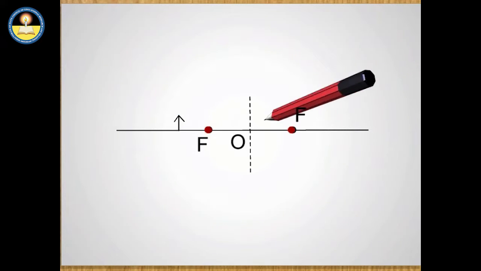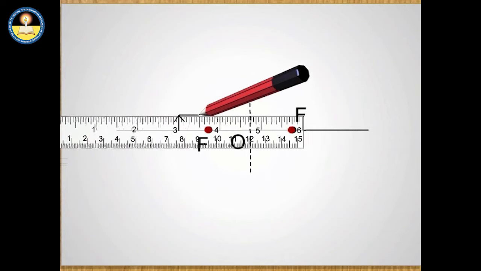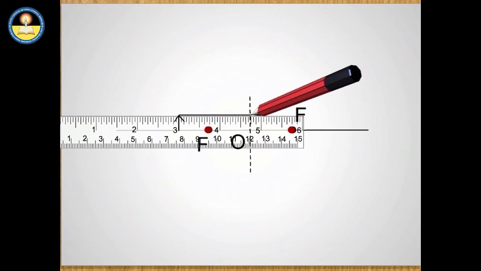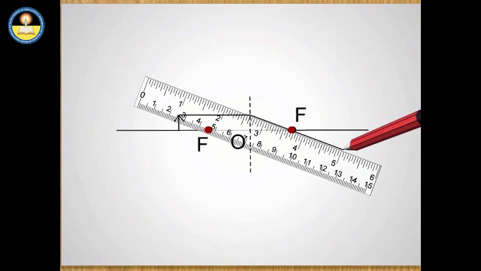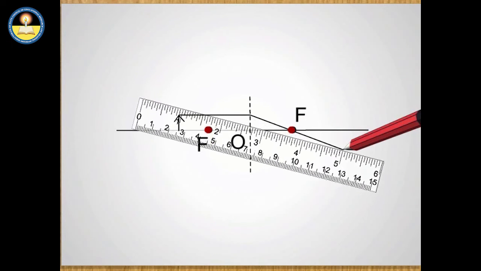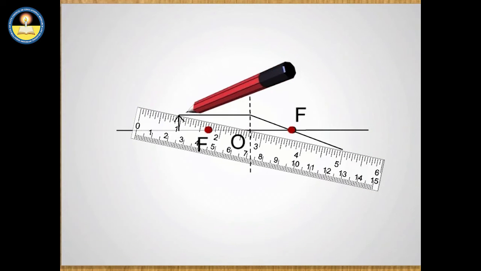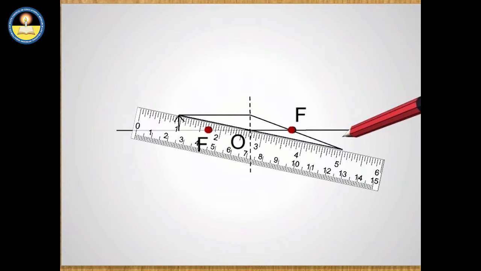To draw an incident ray, one can draw a line from the top of the object, and by following the rules for construction of ray diagram, one can obtain the desired image.